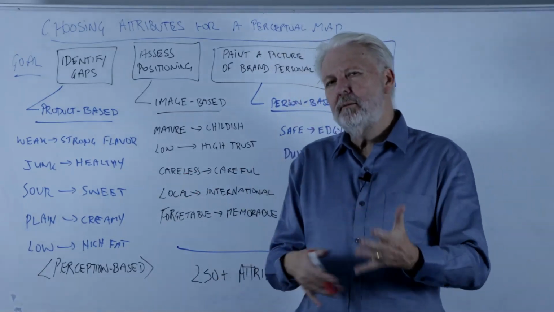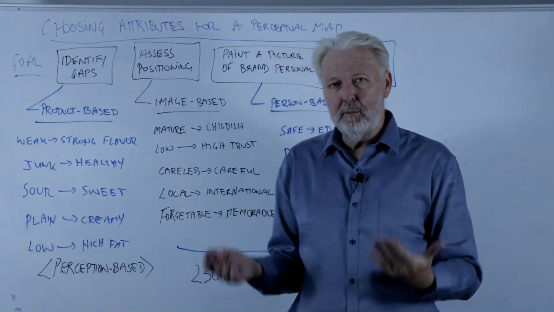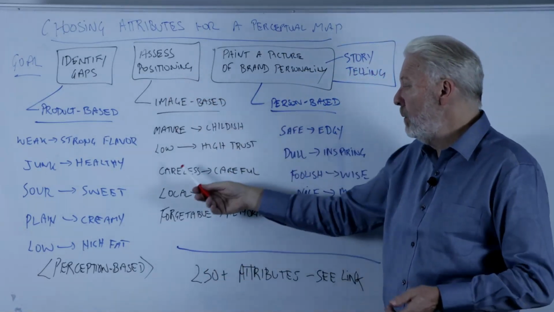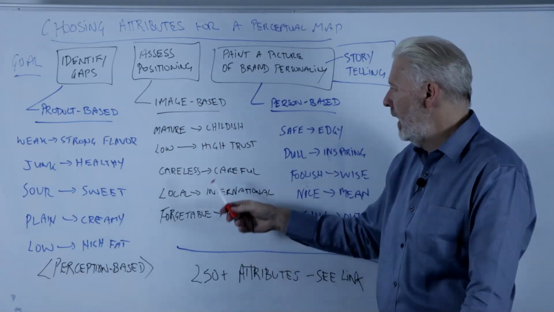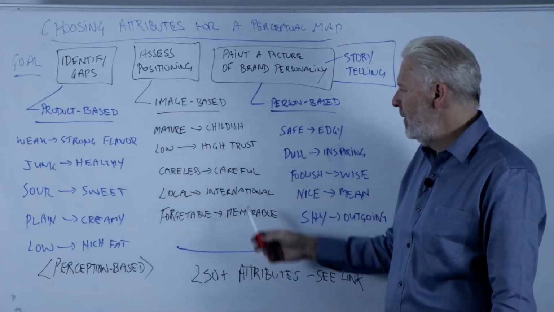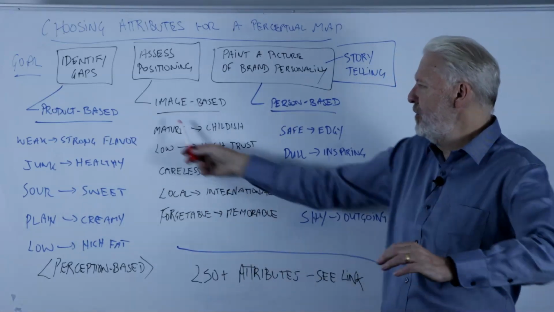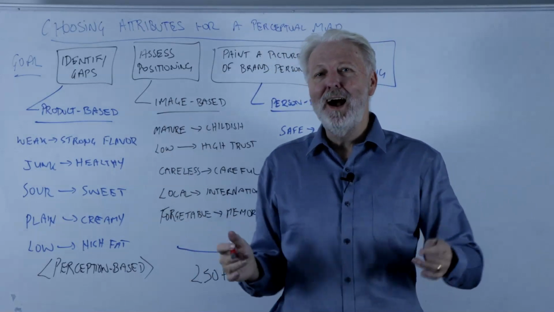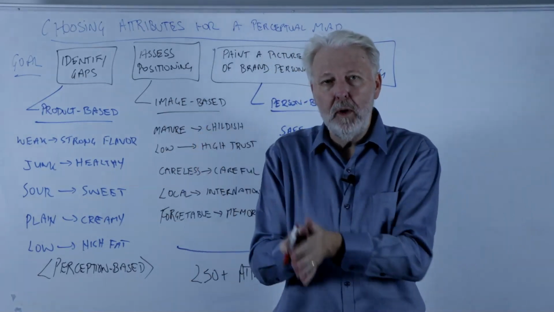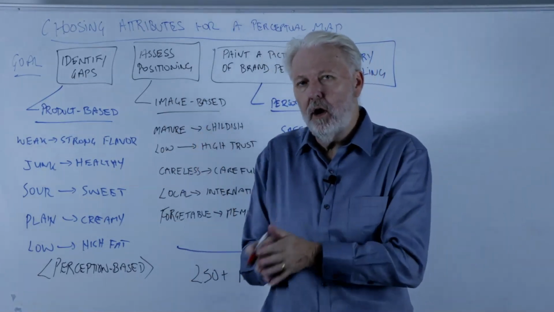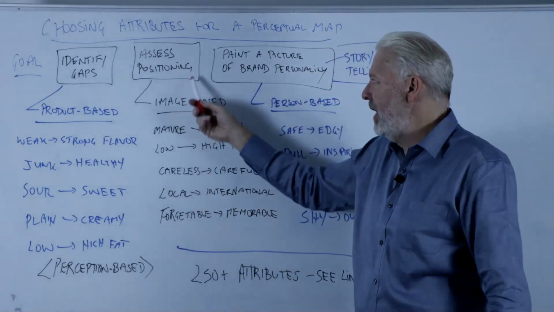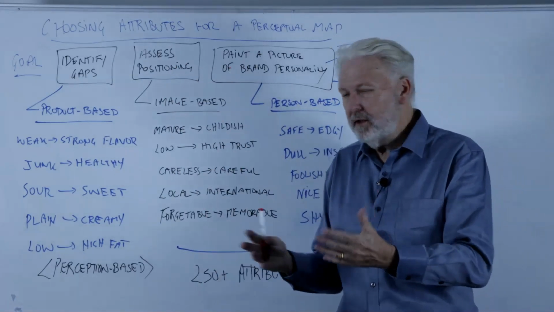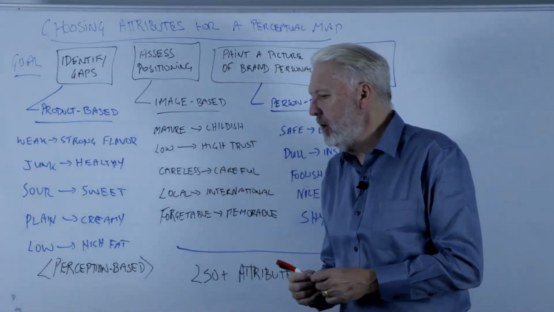So these are descriptors about a brand, and we would generally have a positioning goal that we want to be seen as a high trust, careful, international, memorable, mature brand, for example. Okay, we can have any combination of these, and then we can have a look at how we are tracking against our goals. So this is assessing the success of our positioning, and then we can also have a look at are we the same or distinctive on some of these characteristics as well.